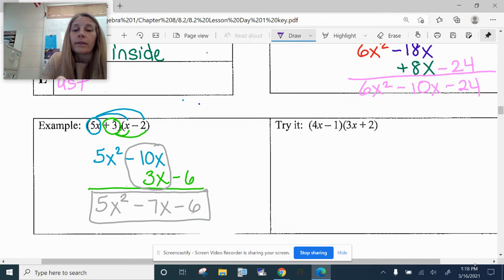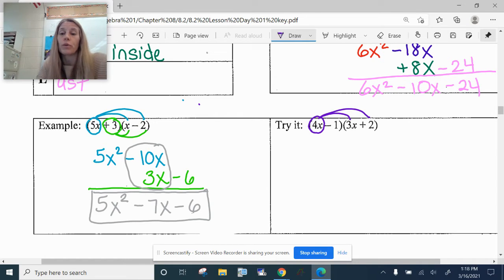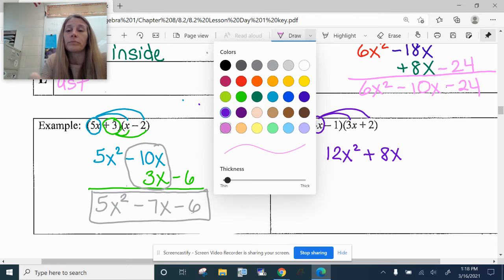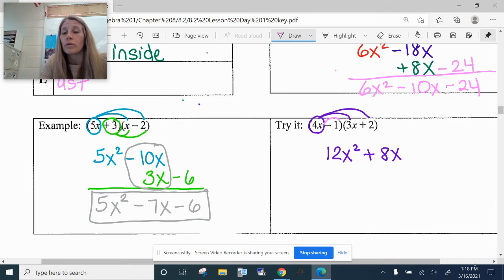All right, taking a look at this next one here, I'm going to distribute the 4x to both the 3x and the 2. So 4x times 3x will give me 12x squared. And 4x times 2 will be positive 8x. Then I'm going to distribute the second term, which is this negative 1.